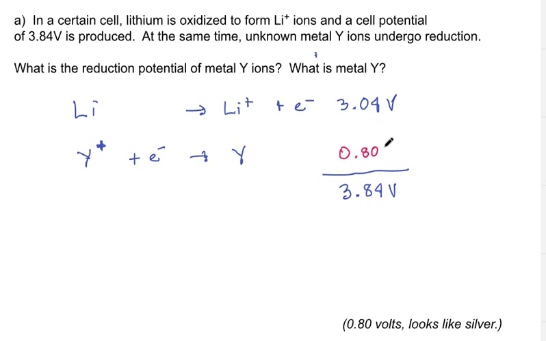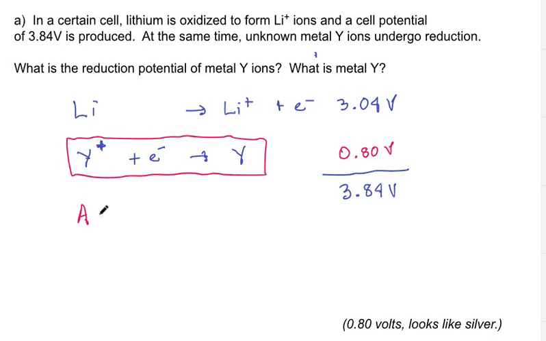This reaction would be 0.80 volts, and this is how it would be written in the data book with the electrons on the left, so we don't need to do any additional flipping to make this make sense. So for this reaction, whatever it is, producing 0.80 volts, if they ask what the metal is, you can look on your redox table at 0.80, and a reaction you find that matches this very well is silver.